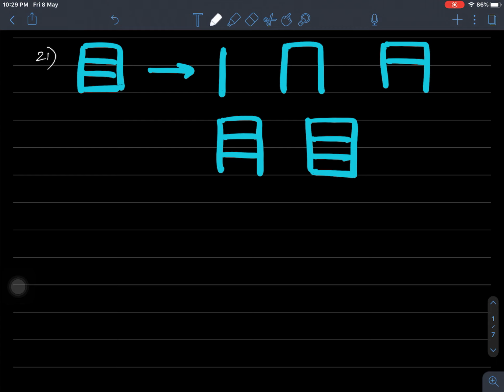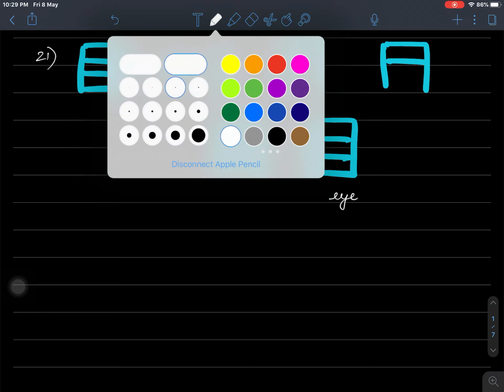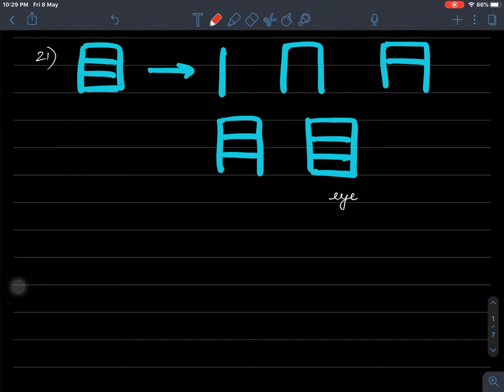The first kanji of the day, the 21st kanji for us, is an interesting kind of kanji because it has two meanings, both of which are very different from each other. The first one is a simple meaning: eye. This is also the tip that the book gives you. One way to imagine this is a sideways inverted human eye, something like this, with this being your eyeball.